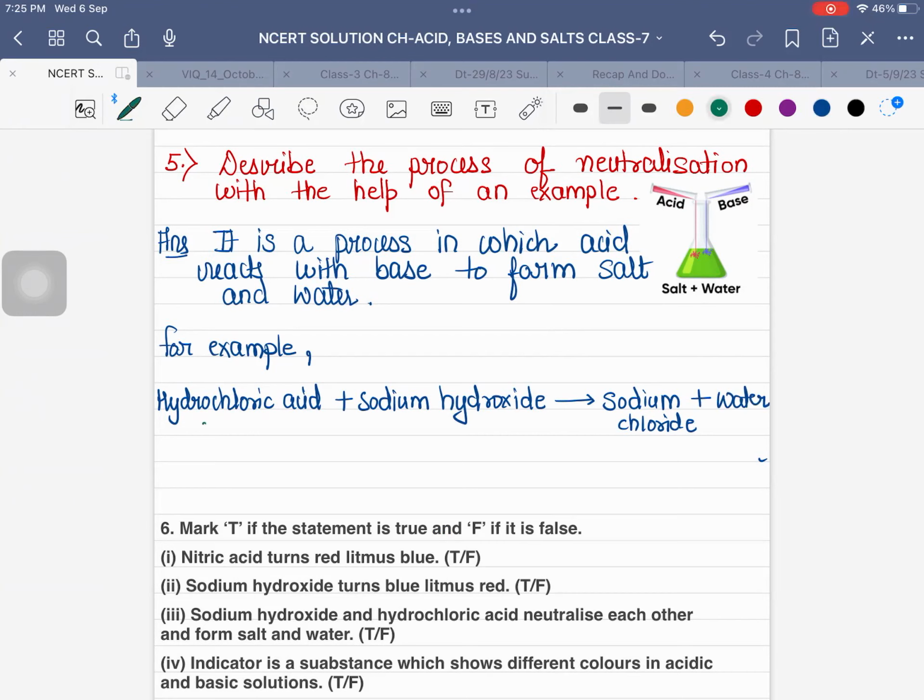So this is acid which reacts with base to give salt and water. In the form of symbols, we can write HCl, capital H, capital C, small l, plus NaOH, then it gives NaCl, that is sodium chloride, and the formula for water is H2O. This is in the form of symbols.